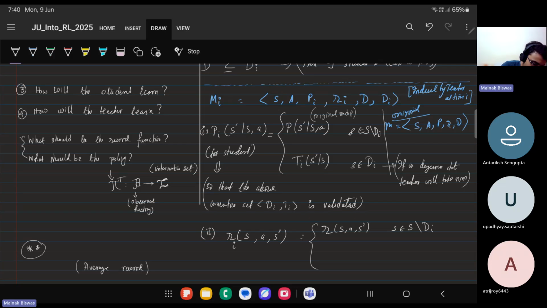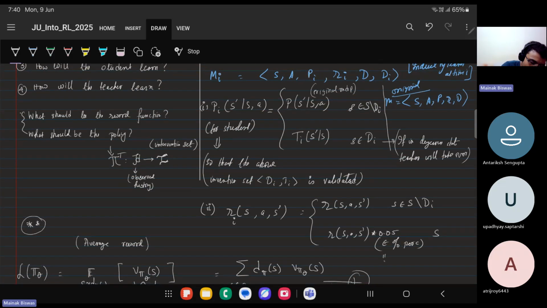This is R_i. And R of s, a, s', say 0.05 or epsilon percentage. In the paper, they take epsilon to be 0, that is, they don't give any negative reward. But when I implemented, I saw that if you give a small negative reward, the student learns faster. It's like scolding your child instead of letting it fall off the cycle.